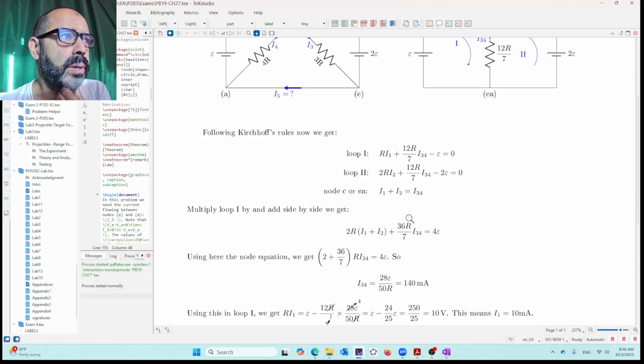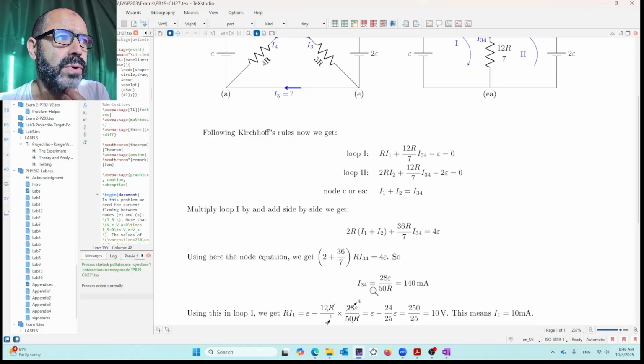Now, this number is I34. That's the node condition. So now, you have one equation that has I34 in here and I34 in here, which you pull out. So you'll have 2 times R plus this thing times R. So you pull the R also out. So you have R I34. And then you will be left with the 2 plus 36 over 7.